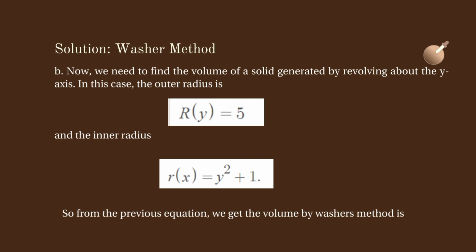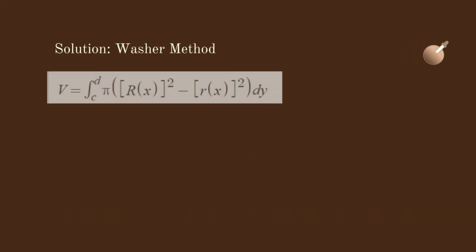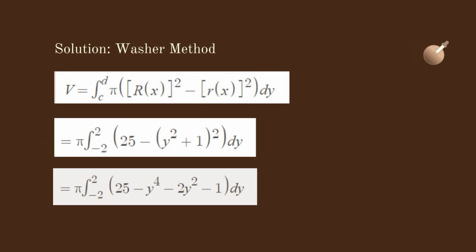So from the previous equation, we get the volume by washers method, which is V equals the integral of the quantity R of y squared minus the quantity r of y squared dy from c to d.